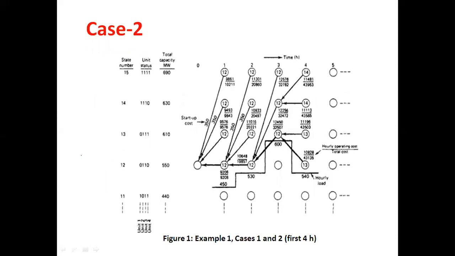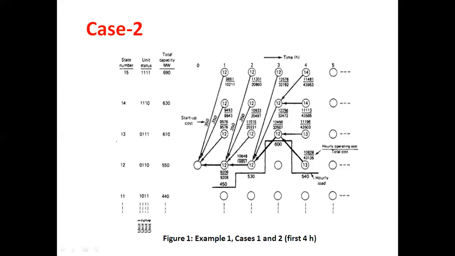So now we'll study the case 2. We will remind ourselves that we do the complete enumeration process we have already done, and all the calculations that we have seen in our previous discussion, that is the calculation of the total cost, which is the summation of production cost plus summation of transition cost, or we can say startup cost, plus summation of no load costs.